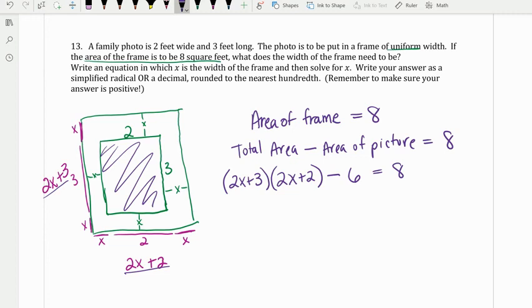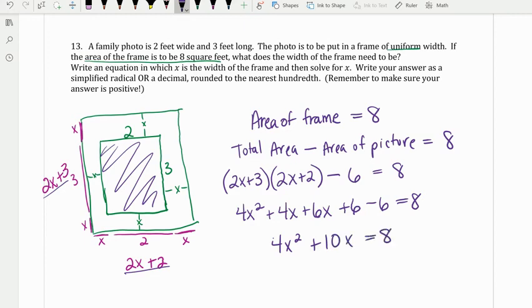Multiplying out, we get 4x squared plus 4x plus 6x plus 6 minus 6 equals 8. We get 4x squared plus 10x. The 6 and the minus 6 cancel out, so we just have equals 8.